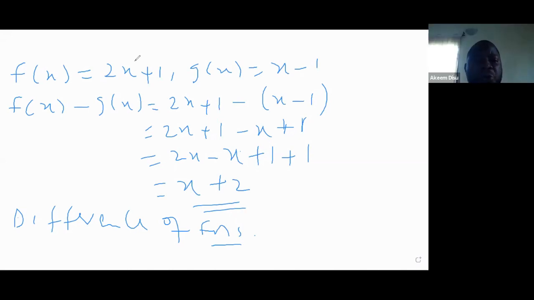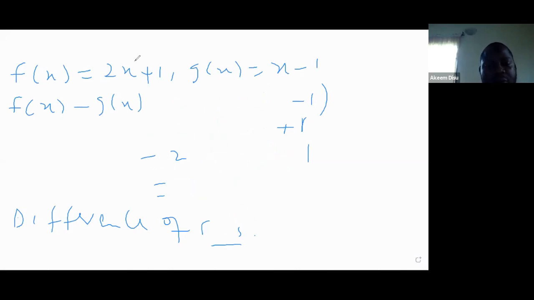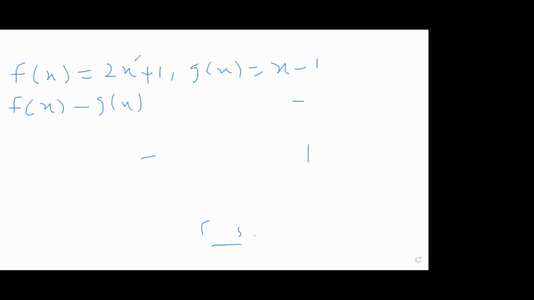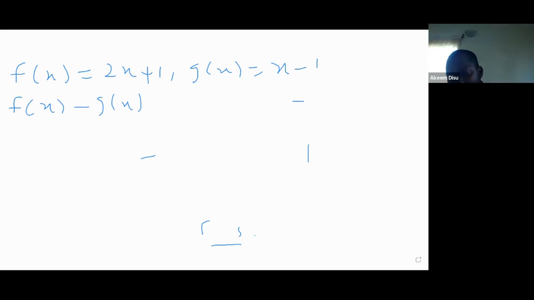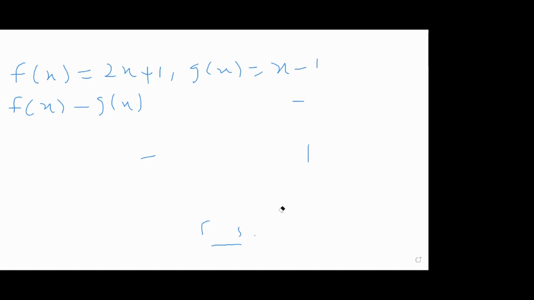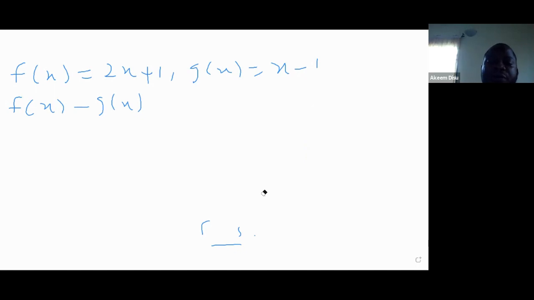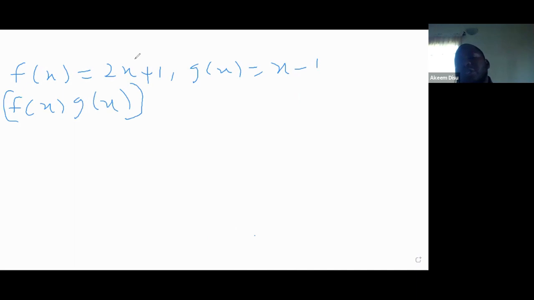We can also proceed to what we call the product of functions. If you have f(x) and g(x), we can put them in brackets like this. The product means multiplication; you multiply the two functions together.